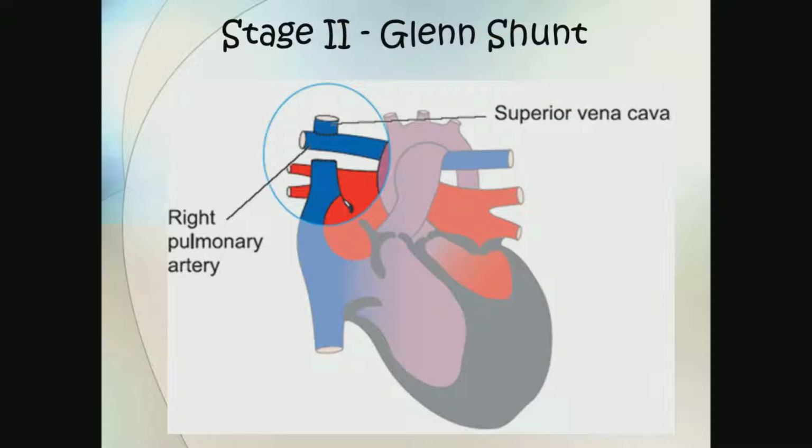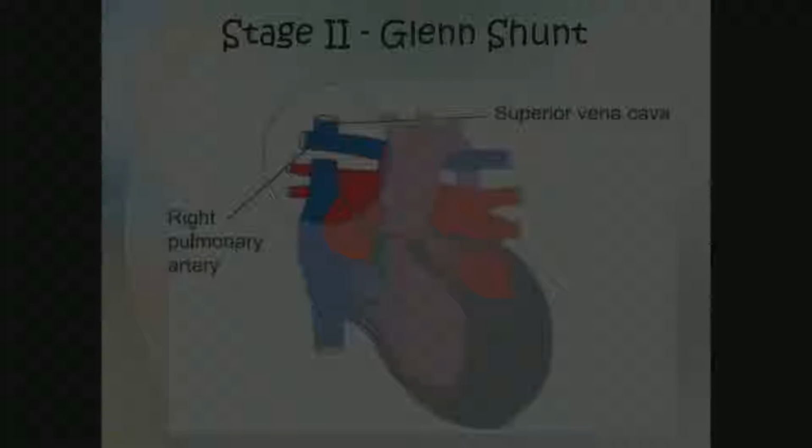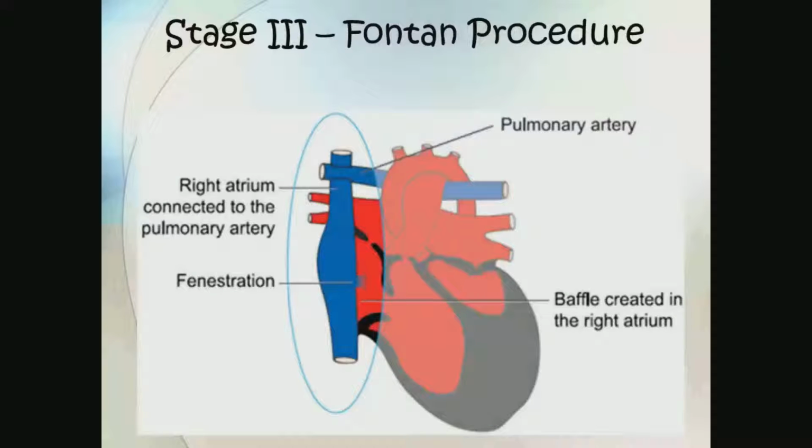So Norwood, Glenn, and then finally the Fontan. And the Fontan is where we take not only the superior vena cava, but also the inferior vena cava, and we anastomose them both to the pulmonary artery. Good Lord Almighty. What I have done now is I basically have taken and recreated what should be the heart surgically.